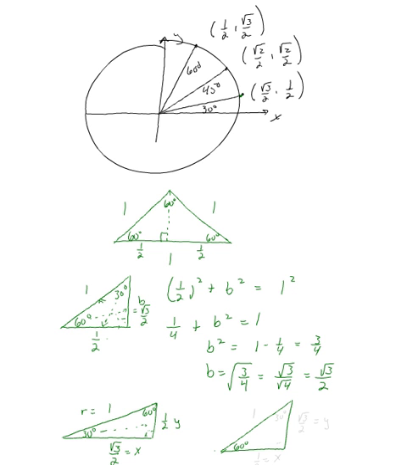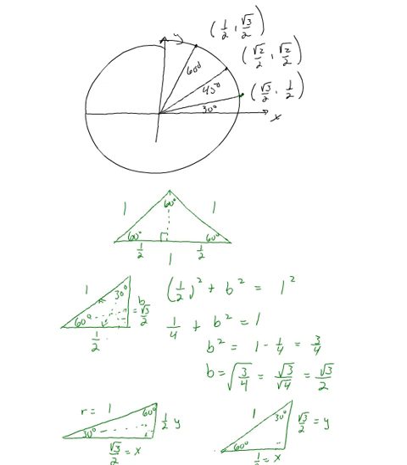This is still my radius of 1. This is my 90 degrees here. This is 30 up in this angle. So the side opposite the 30 was 1/2. The side opposite the 60 is square root of 3 over 2. If you put that on that unit circle in the coordinate system, now this one is Y and that one's X. And so that's where those two sets of coordinates come from.